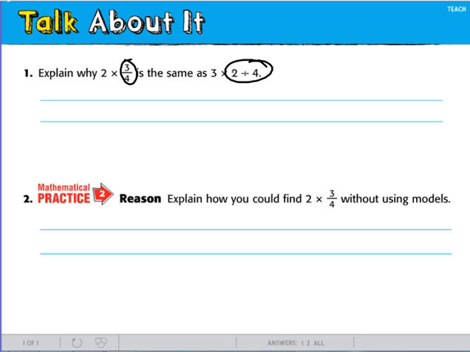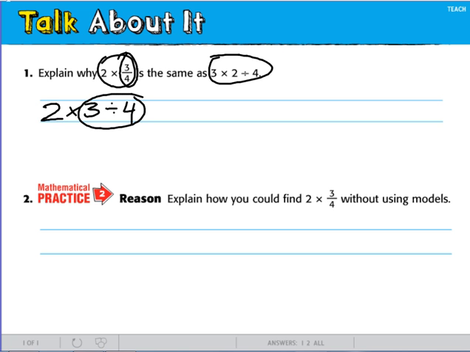Let me redo this. 2 times 3/4 is the same as 3 times 2 divided by 4 because fractions are the same as division problems. So I can write 2 times 3 divided by 4 instead of writing 2 times 3/4, right? Because this and this are the same. I also know that 2 times 3 is equal to 3 times 2.